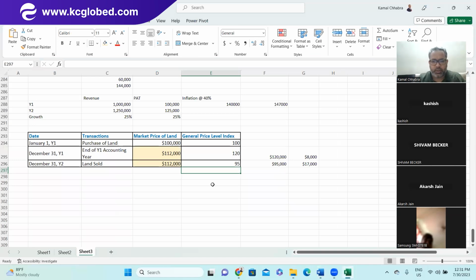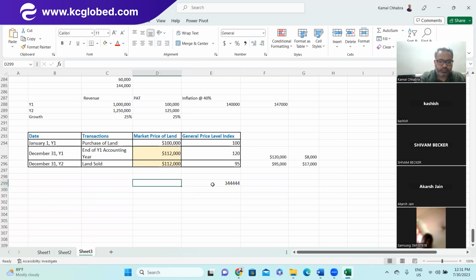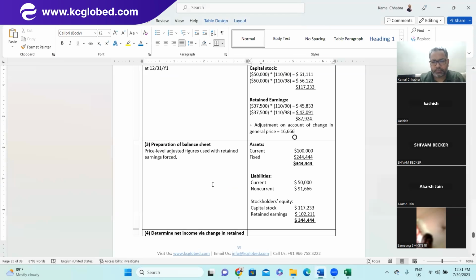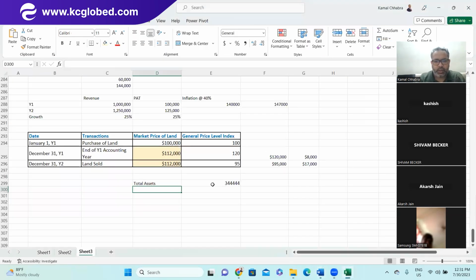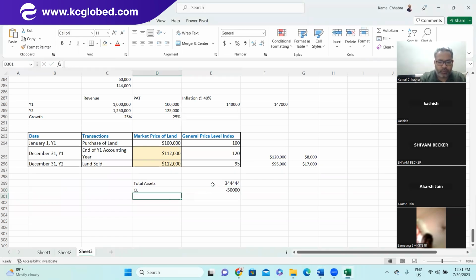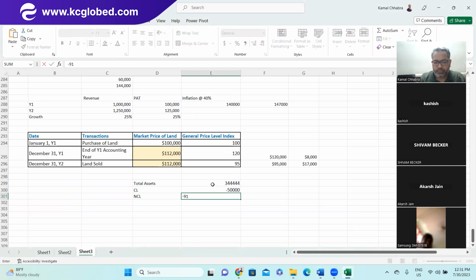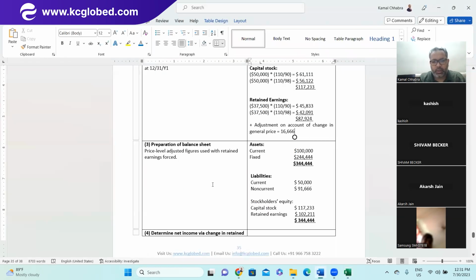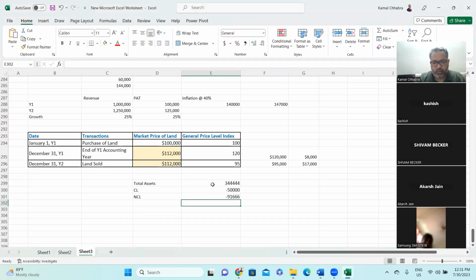I'll do the math over here again. So we have total assets of 344,123, right? Right, everyone? Yes, sir. Then you have current liability of 50,000, right? And then you have non-current liability, which has resulted into minus 91,666, right? And then you have capital stock.